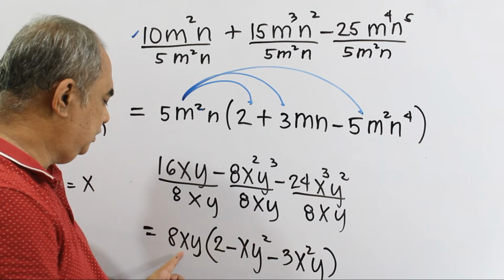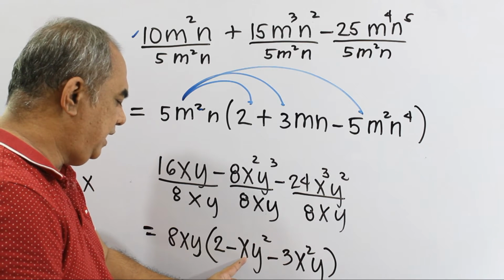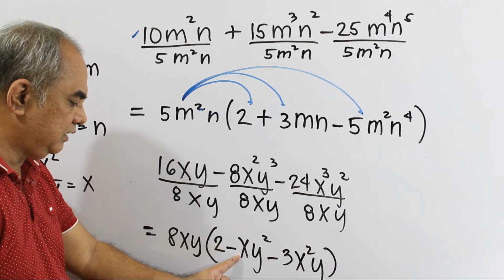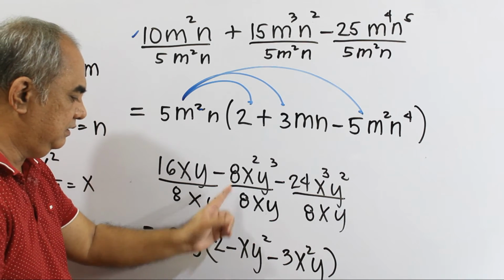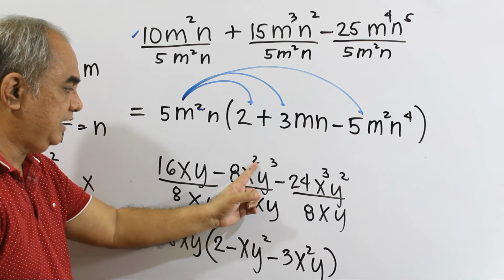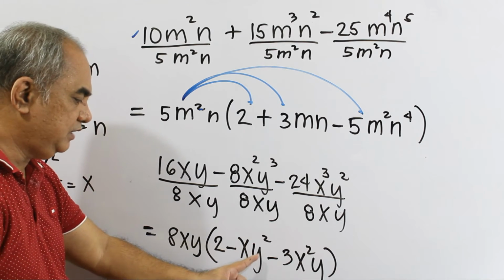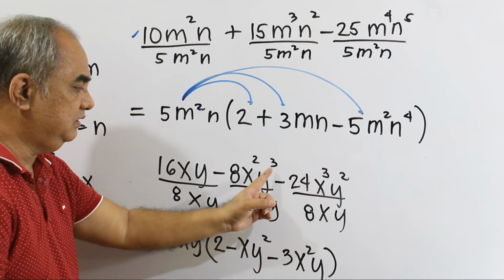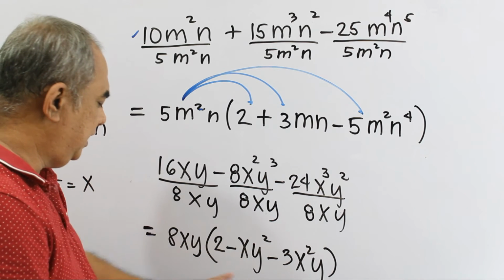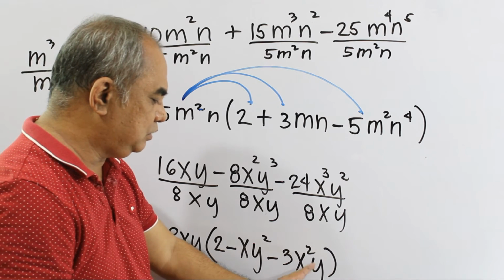Alright, for the second term, we have 8xy times negative xy squared. Okay, since we don't have a constant here, you simply write the 8 here, and then look at this. X times x will give you x squared, we add the exponent, and y times y squared, we add the exponent, that gives us y cubed.